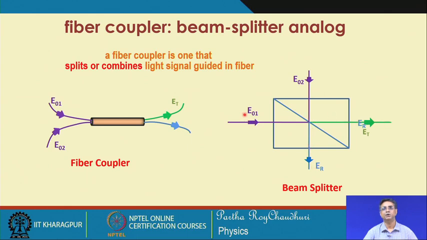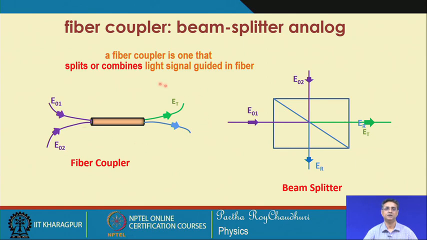So, you have two inputs, E01 and E02. With one input you can have a reflected output and a transmitted output. Similarly, with the other input, you can have a reflected output and a transmitted output.